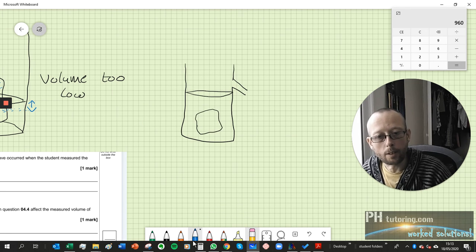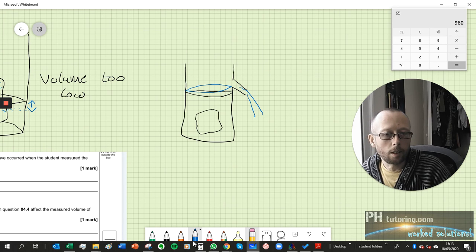The new amount of liquid went above that point, and we had some water coming out. But the problem is, you're only going to get a little bit of the water, because it had to go up to the lip first, and then the excess after that poured out. So the volume would also be too low.